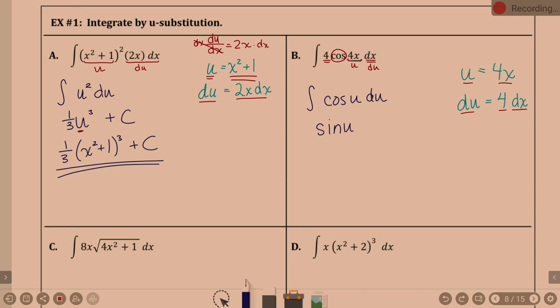It's cosine, so I got the right plus or minus sign. And what do I do to finish this off? Yes, don't forget the plus C. Replace u, so u goes back in as 4x.